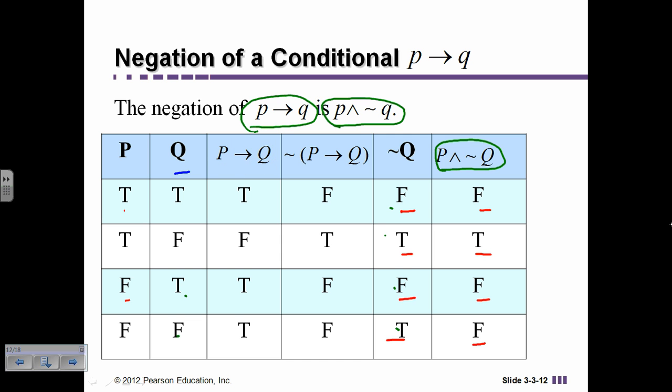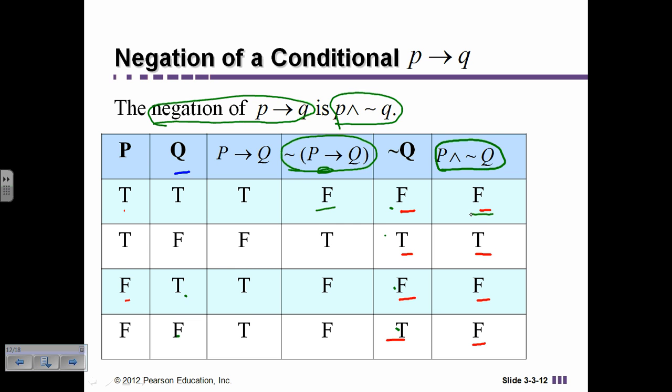Let me go back and say that again. We're trying to show that the negation of this is the same thing as P and not Q. The negation of this is this column right here. I'm sorry, that's where I was confused. So we're showing that these two columns in green are the same. If you compare the values in these two columns, you'll notice that you have the same values in both of the columns. And so we've just shown that those two values are equivalent.